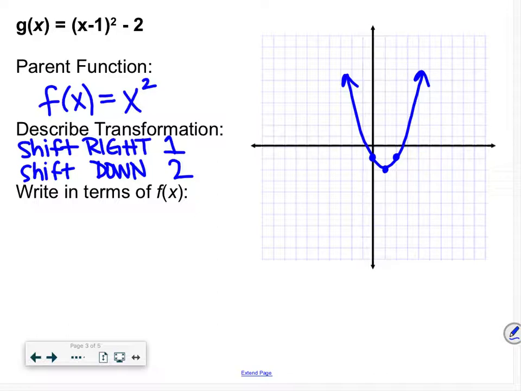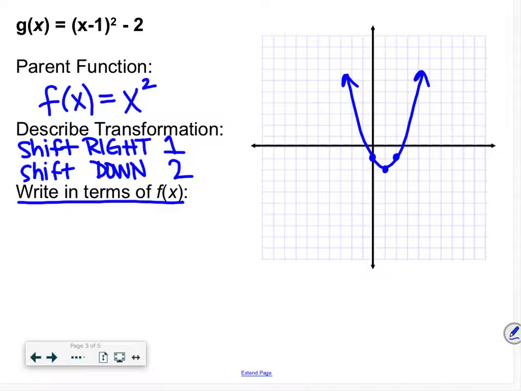Now, when I ask you to write in terms of f of x, we've determined that f of x is x squared. So basically, what I want is for you to write your transformations in function notation, just like you did on the second half of that green sheet.